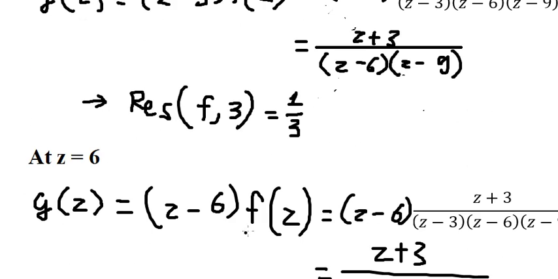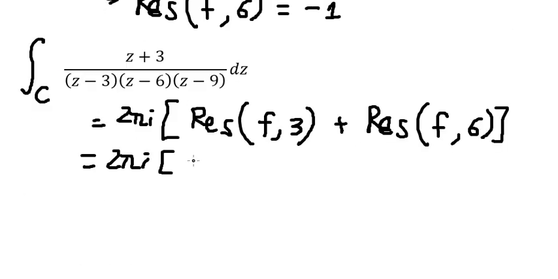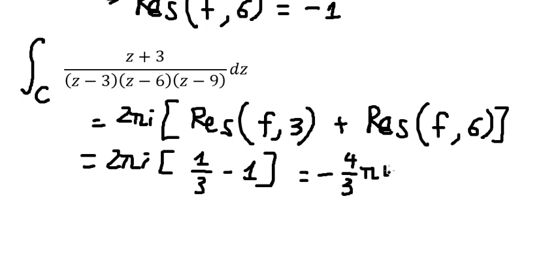This one we have 1 over 3. This one we have negative number 1. And now we have the final answer, that is negative 4 over 3 pi i. And that is the final answer.